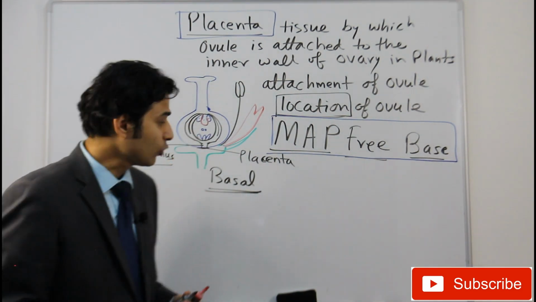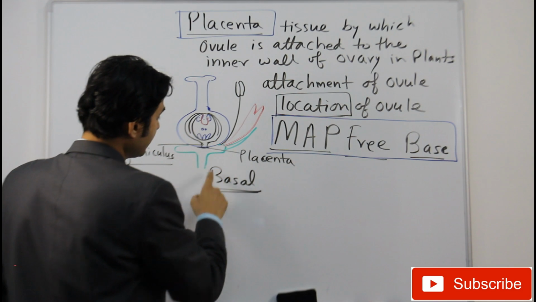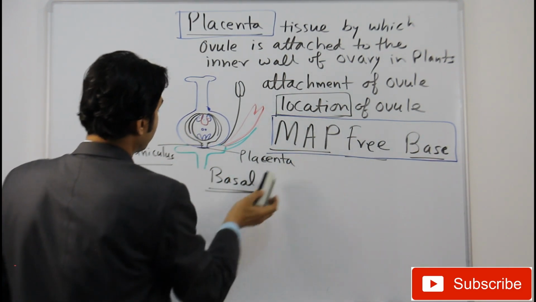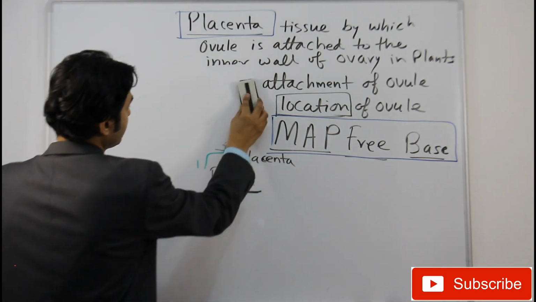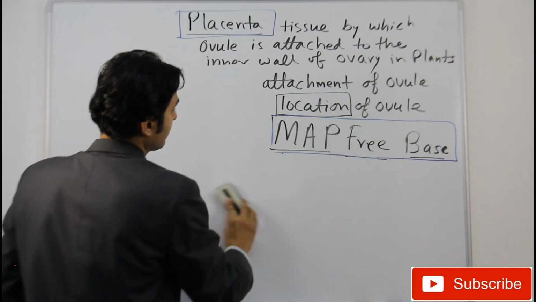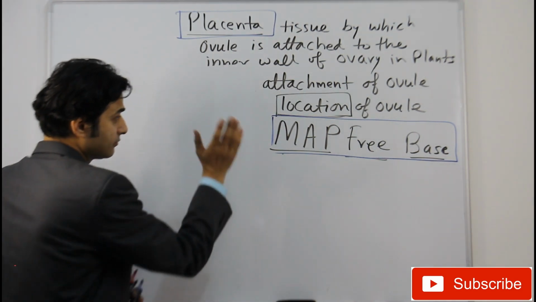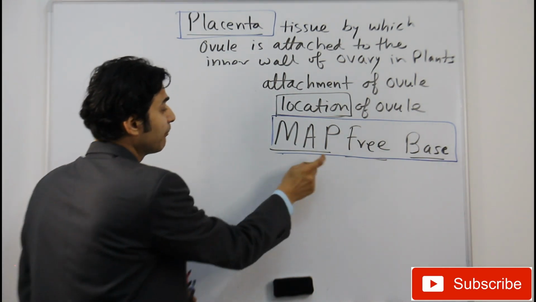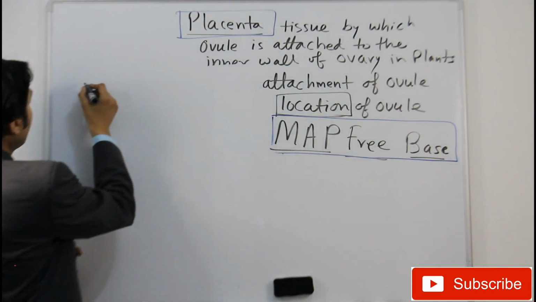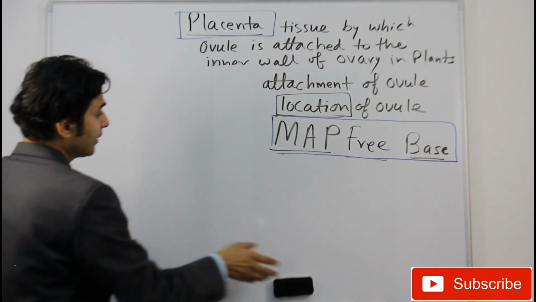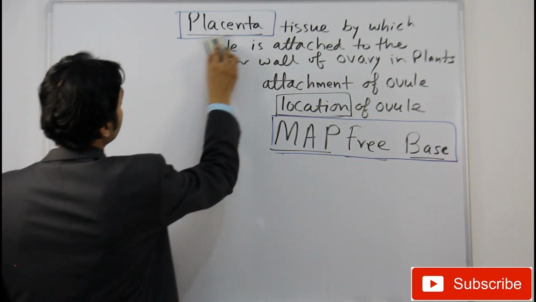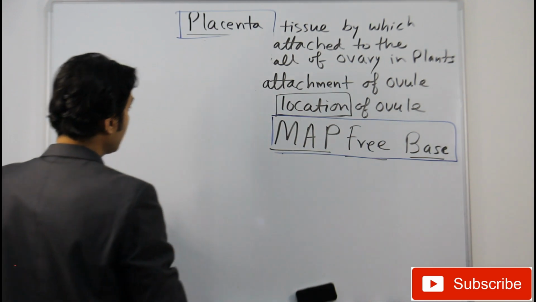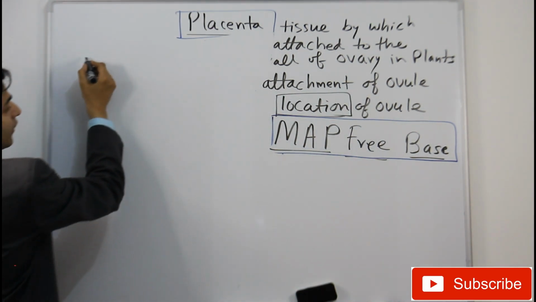Let us elaborate it more. So I'll remove this and then we'll discuss this. As I said, the location of the ovule you can find by map. Let us elaborate map. So first M, so map.